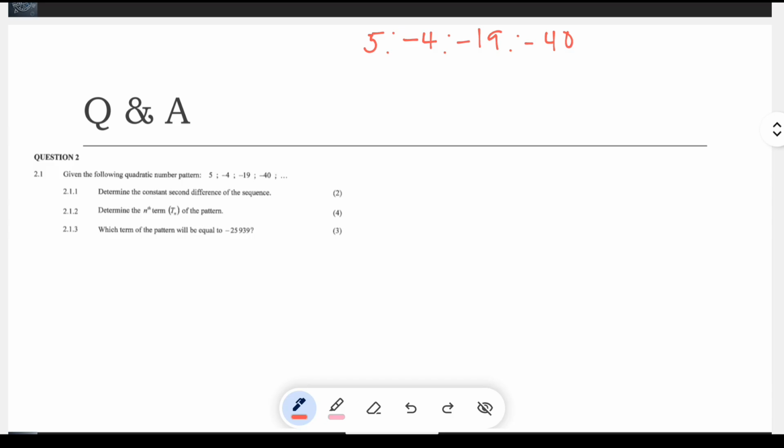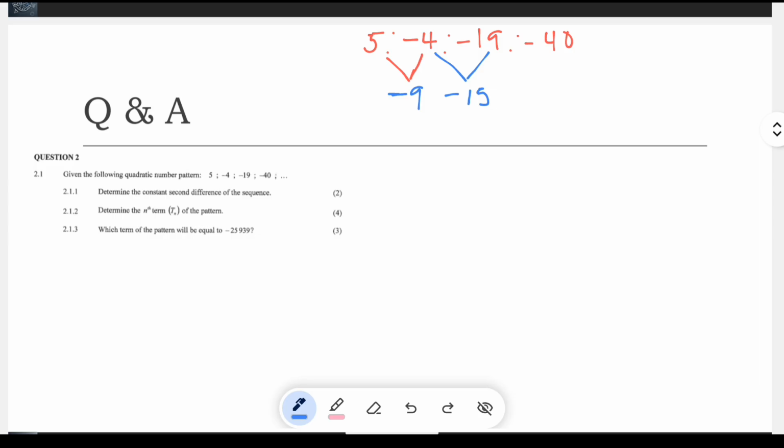We have to find, is it a quadratic pattern? What do we have to do? We have to find the second difference, and our second difference must be constant. Let's take a look. We're going to say -4 subtract 5, that will be -9, and then -19 subtract -4, that will be -15.